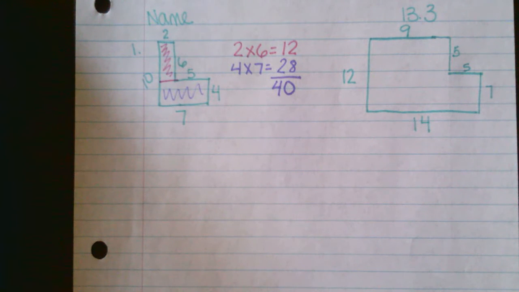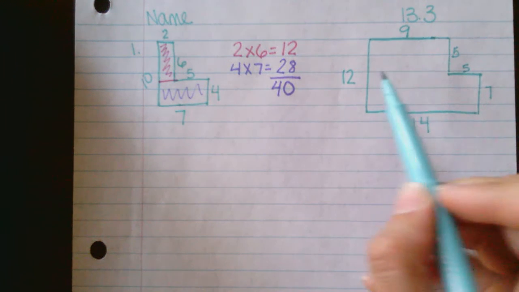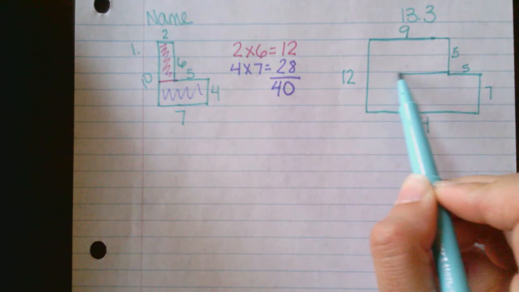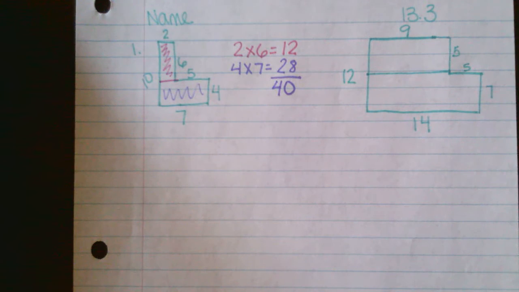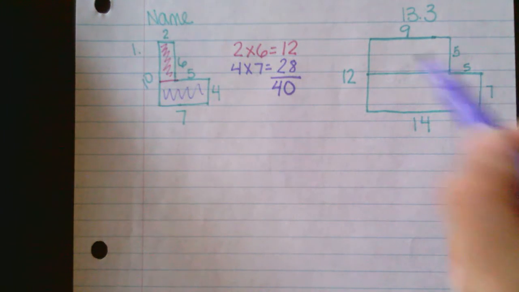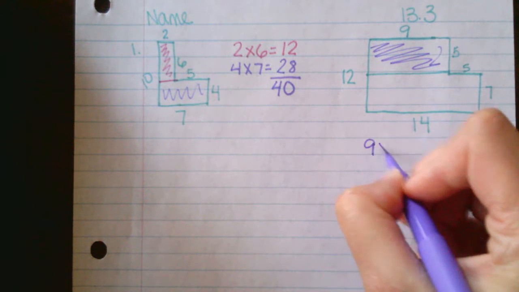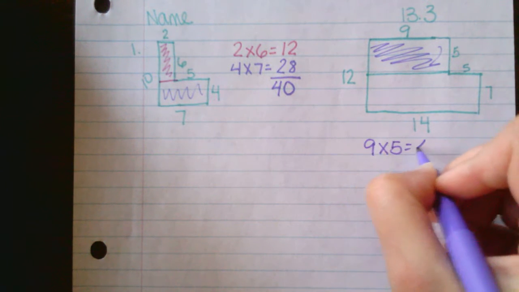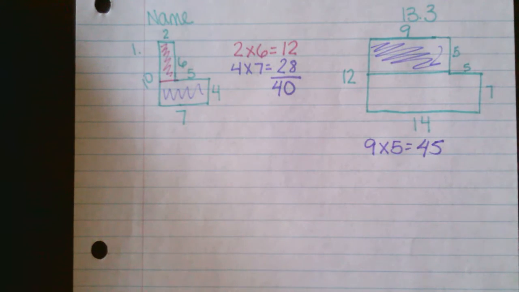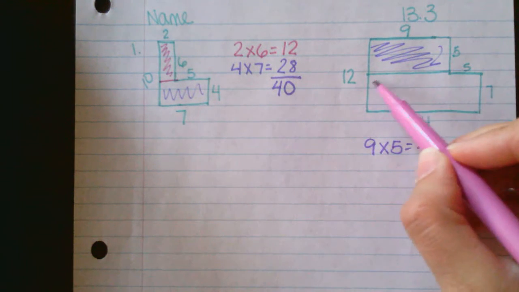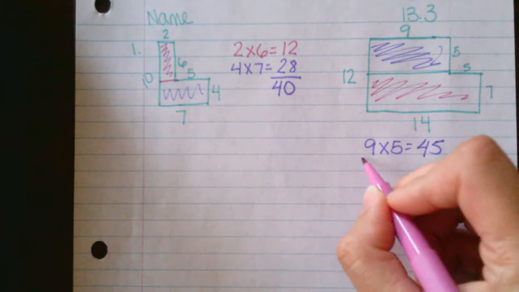I'm going to go ahead and I'm going to split it so we have 2 rectangles on top of each other. So on the top, I can see that we have a 9 by 5. 9 times 5 equals 45. And then on the bottom, I can see that I have a 14 times 7.